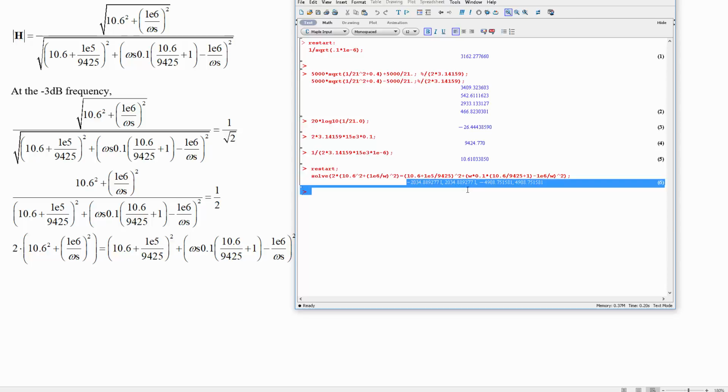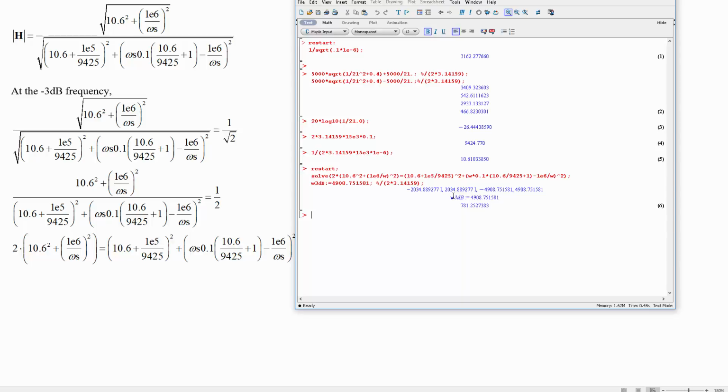So we do have two imaginaries. That's good. And then we've got a negative and a positive. So that means that the answer for this is 4905. So if this is W, maybe W3dB is equal to 4908, then if we take this thing and divide by 2 times 3.14159, the 3 dB frequency is now different.